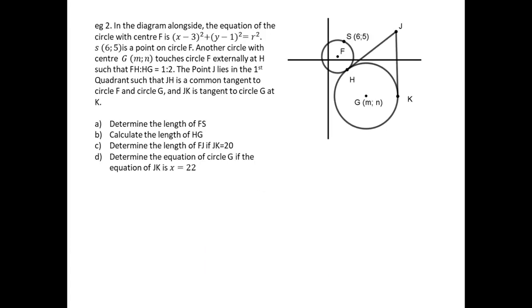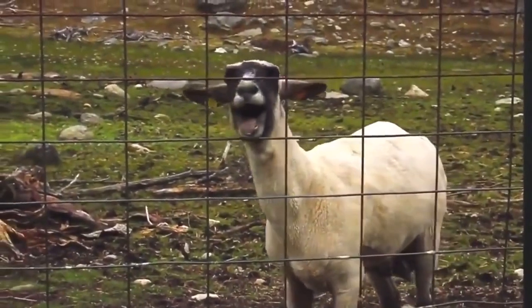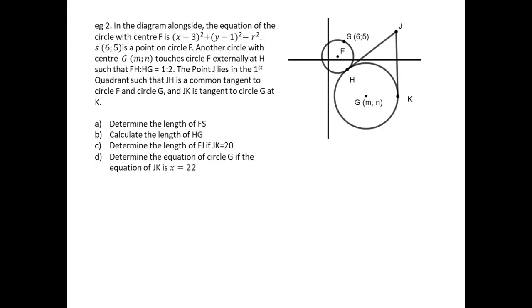Okay, let's move on to our next example. Oh dear, that looks like a lot. But don't worry, it's not too bad. Let's have a read through. In the diagram alongside, we have the equation of the circle with the center F, and S is a point on that circle.